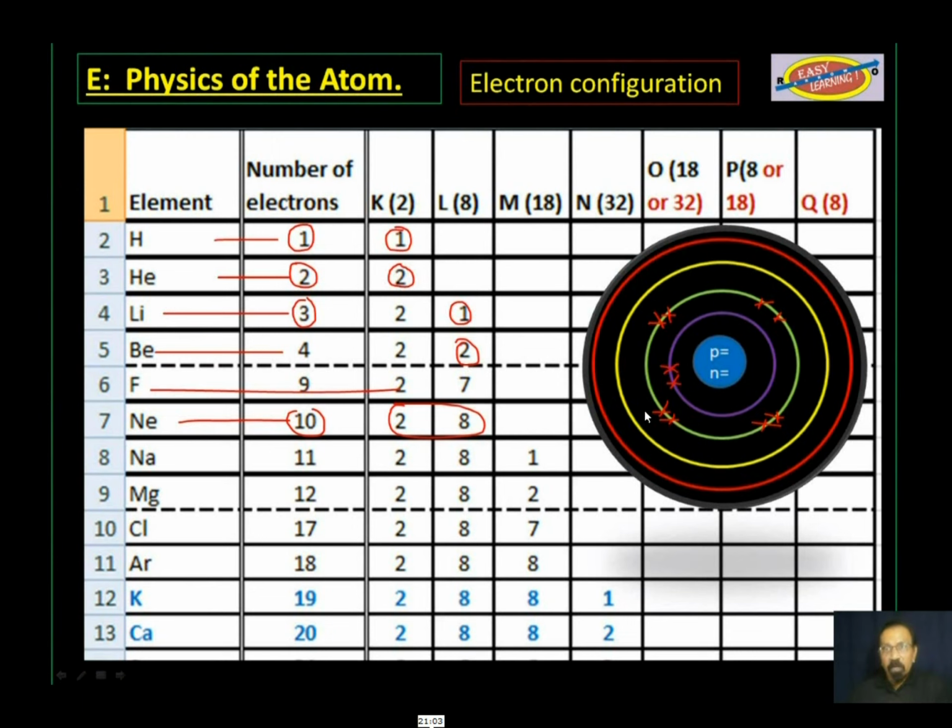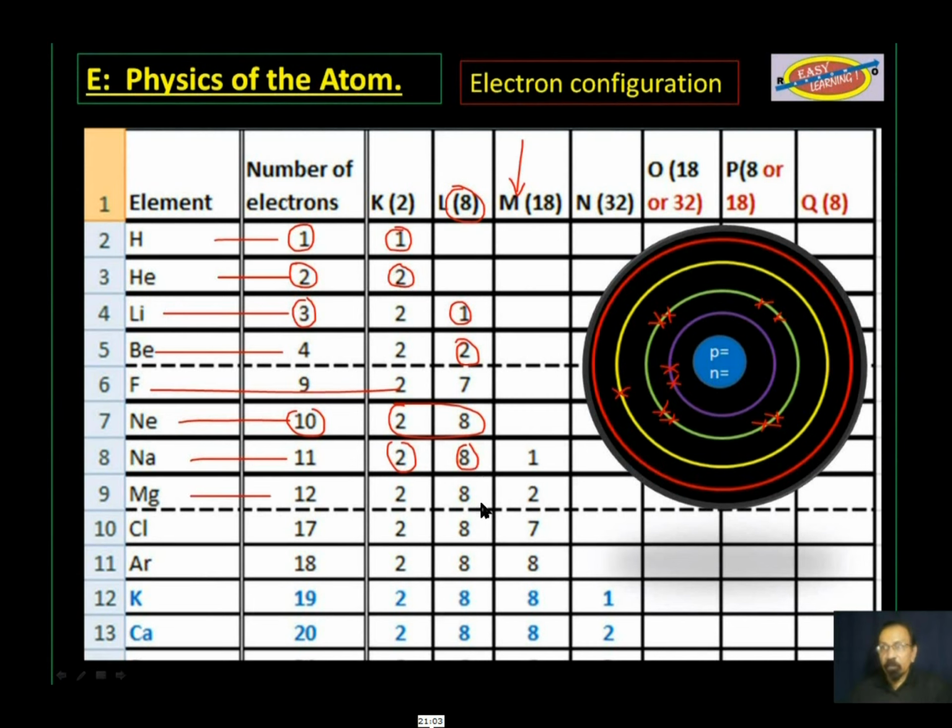But now notice that the second shell has been filled with 8 electrons. When we come to sodium with 11 electrons, you would have 2, 8, and 1 going over to this next shell, which is the M shell, and so on.